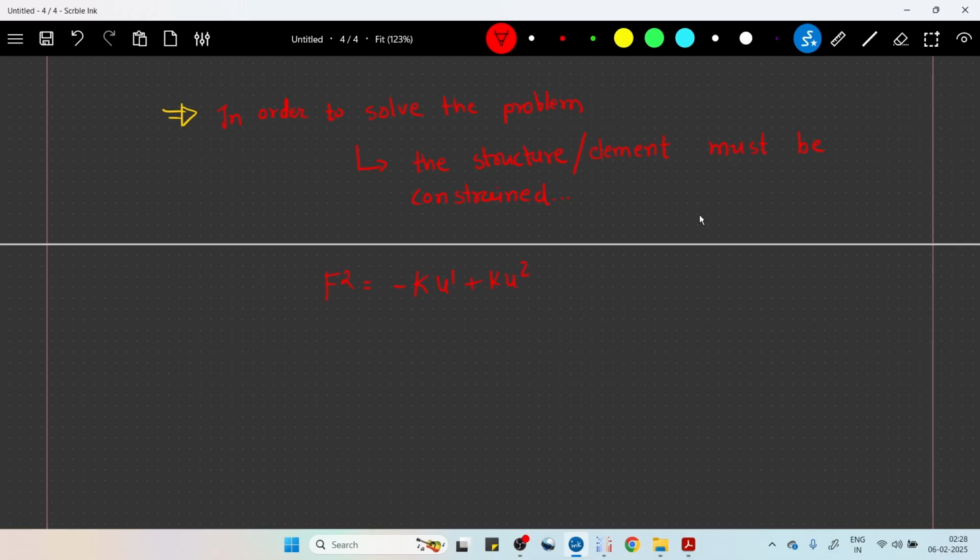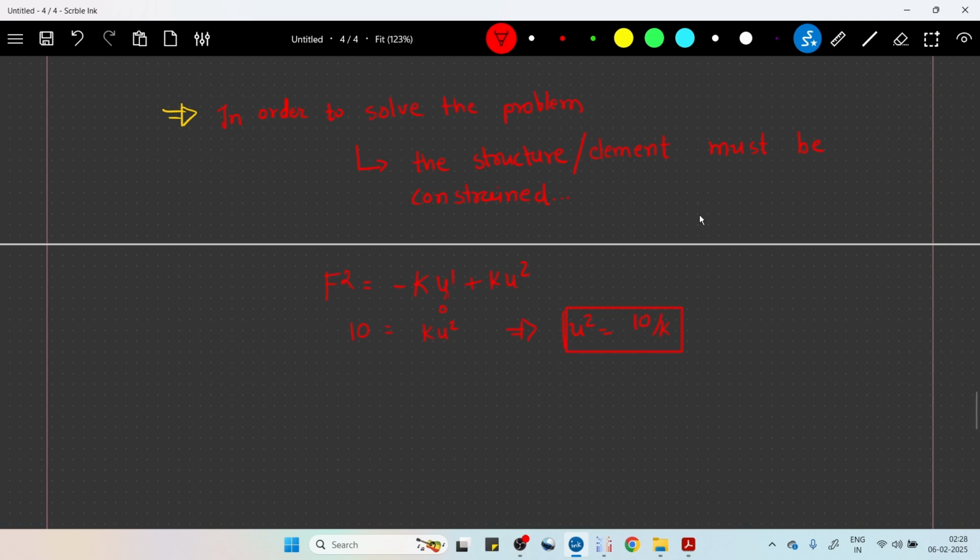F2 is equal to 10. So 10 is equal to ku2, since u1 is 0. So we got the solution: u2 is equal to 10 by k. K is known, we have just put it as k, but the stiffness matrix is known. So that means the structure or element must be constrained. Then only we can solve the problem.